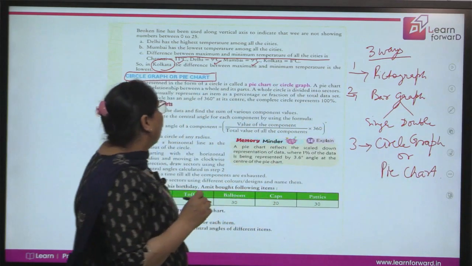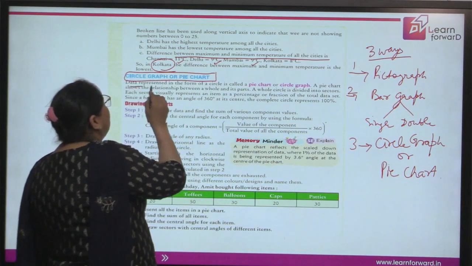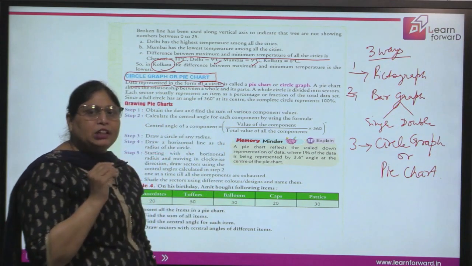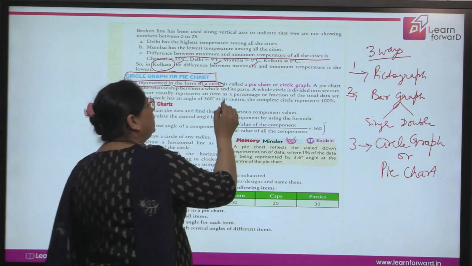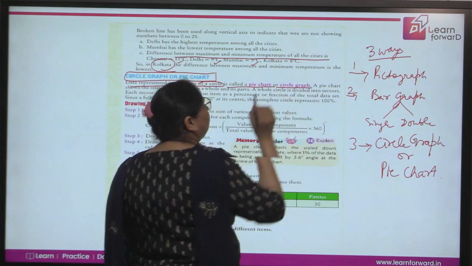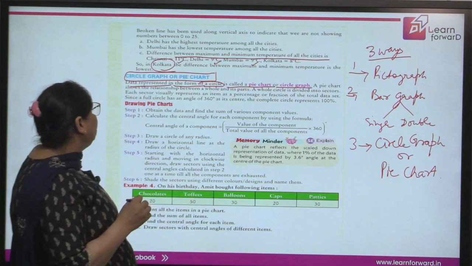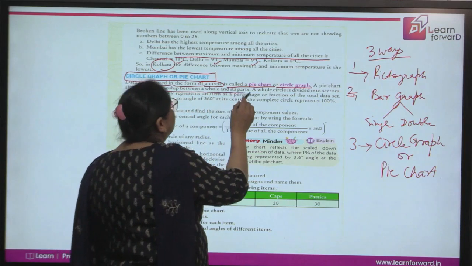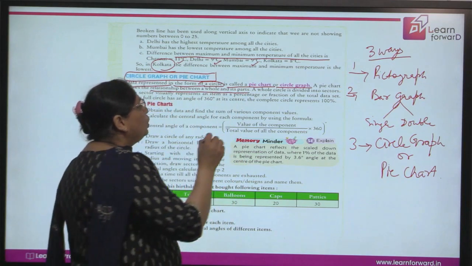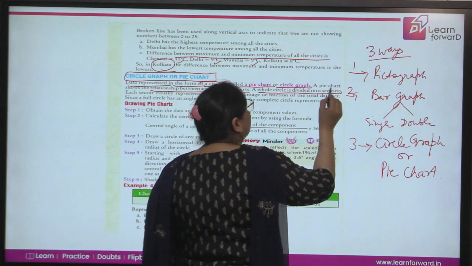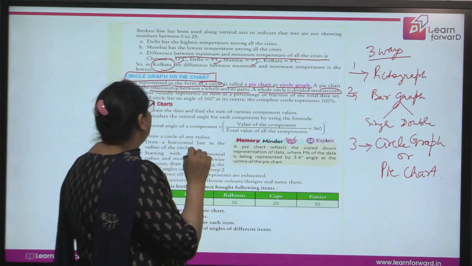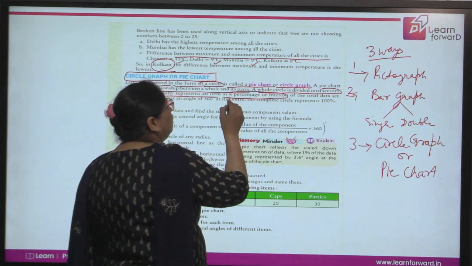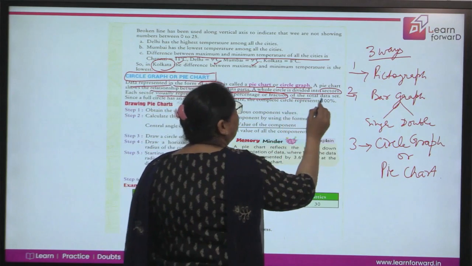Now what is this? It is the representation of data in the form of a circle. When we represent data in the form of a circle, we call it a pie chart or a circle graph. A pie chart shows the relationship between a whole and its parts. The whole circle is divided into sectors, and each sector visually represents an item as a percentage or a fraction of the total data.